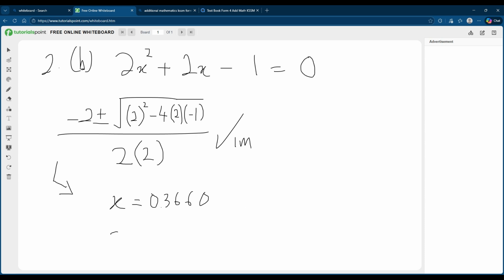And the second answer is x equals to negative 1.3660. You can put negative 1.366, but for me I put the 0 to be consistent. Over here you get the other mark, and then the total becomes 2 marks. This is how they mark in the exam, students.